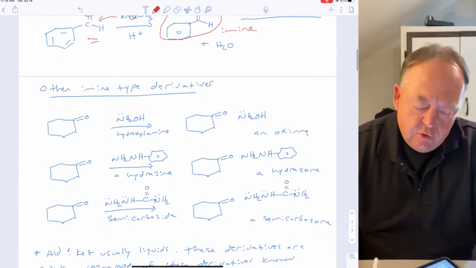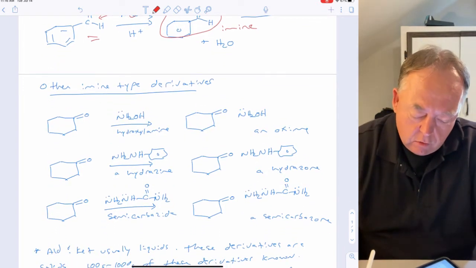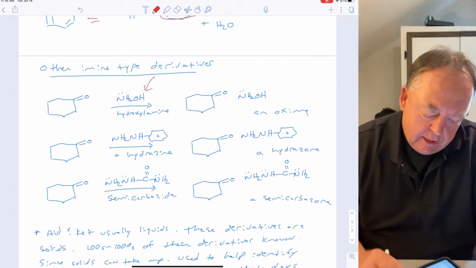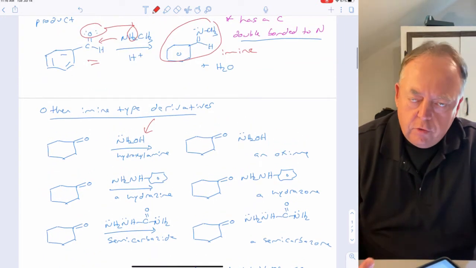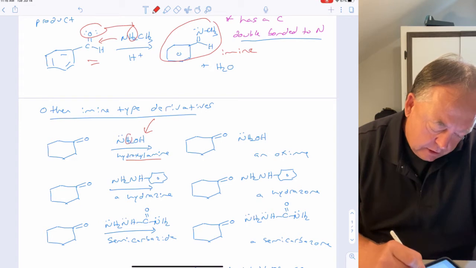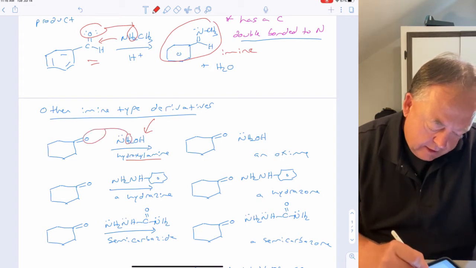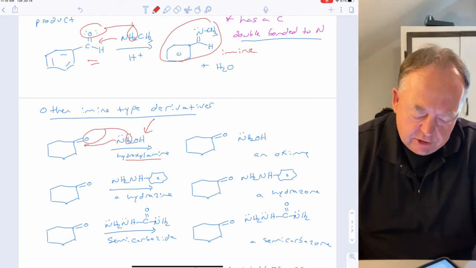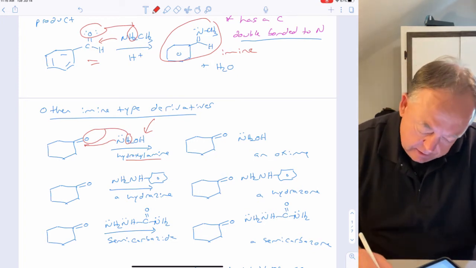Other imine derivatives are very common in organic chemistry. We can just change out what is there. Instead of an alkyl group, instead of an R group, maybe it's an OH. This molecule is called hydroxylamine. Same basic concept: you're going to lose water, and nitrogen's going to be double bonded there instead, and whatever's attached to nitrogen is just along for the ride.